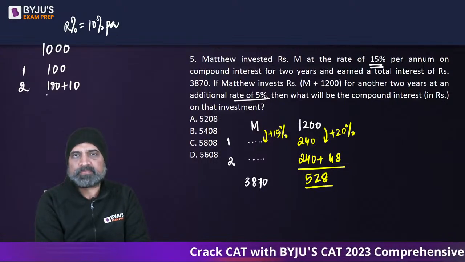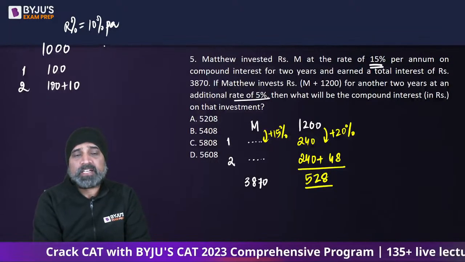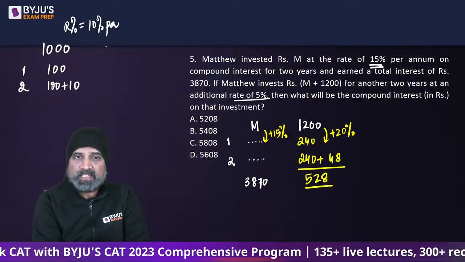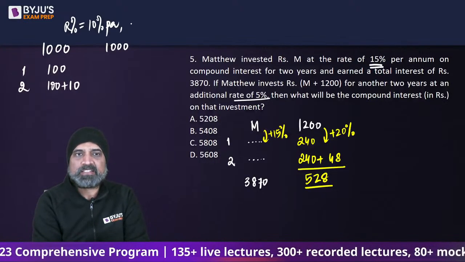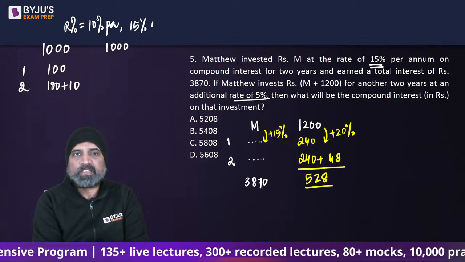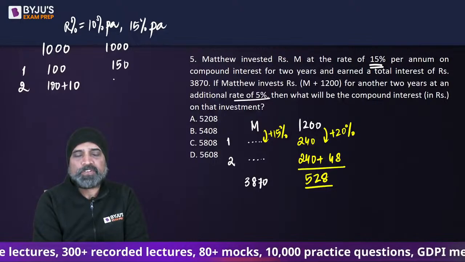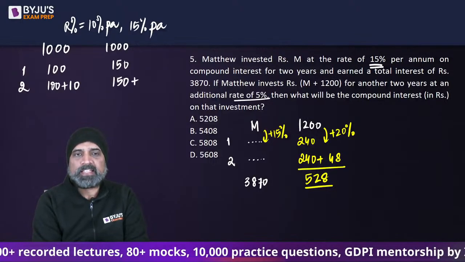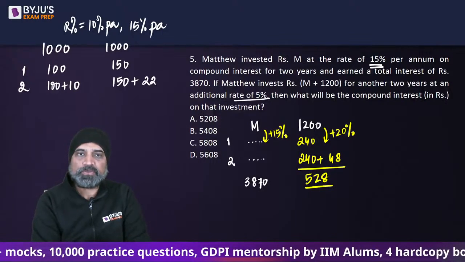Suppose the principal is 1,000 but the rate of interest is 15% per annum. So we will have 150, we will have 150, and then we will have 15% of 150, which is going to be 22.5.